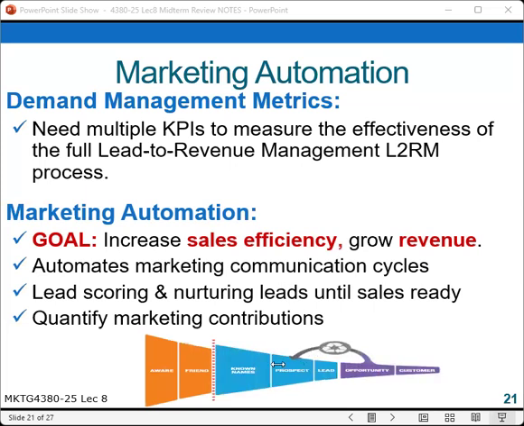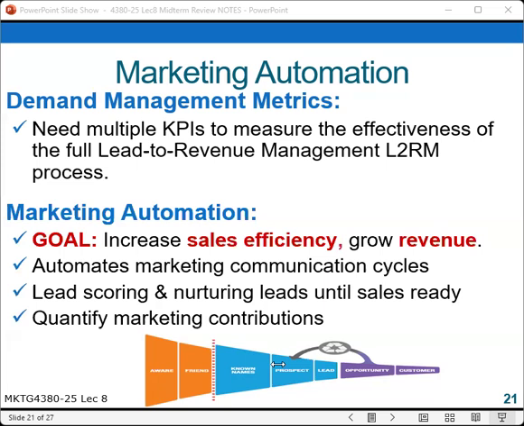So for marketing automation, the goal is to increase the sales efficiency. You want to be as efficient as possible and effective as possible in the marketing part of this process so that customers are as sales ready as they can be once the salespeople contact them.